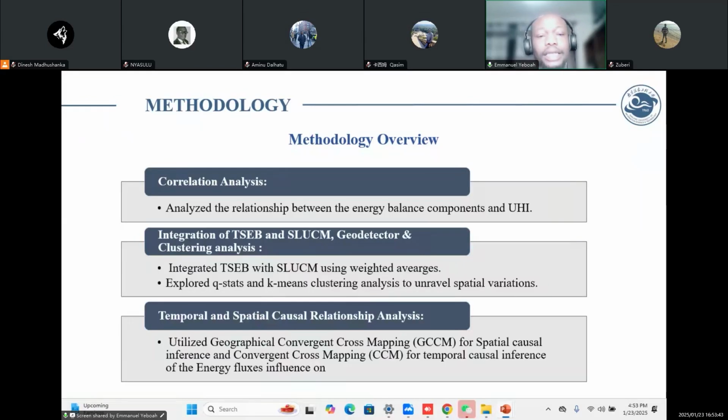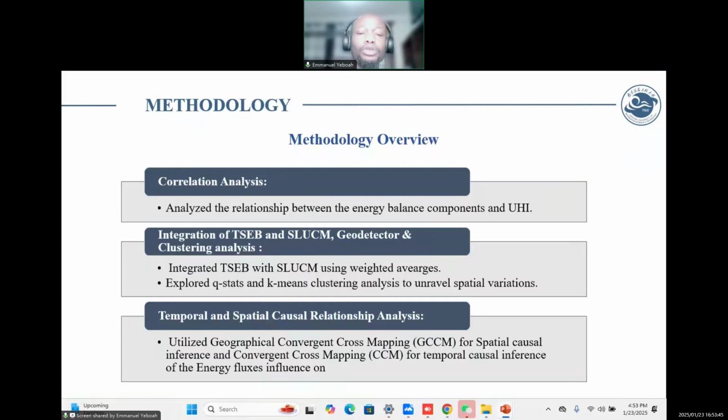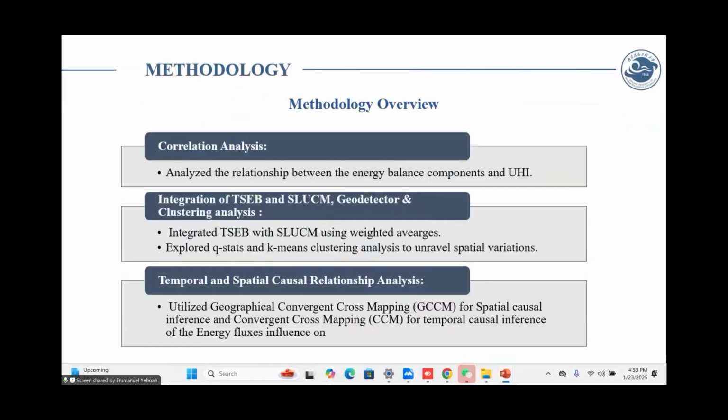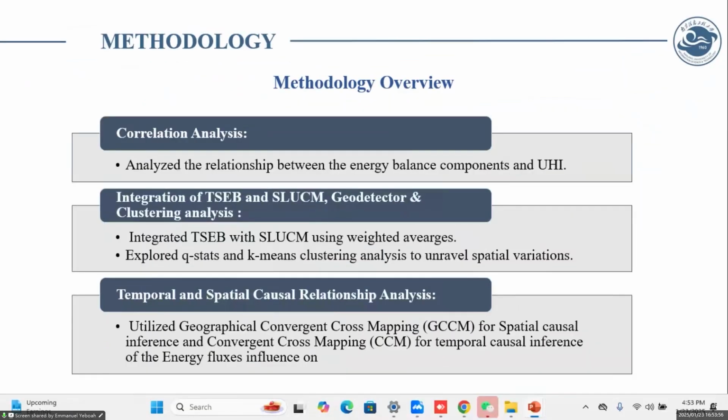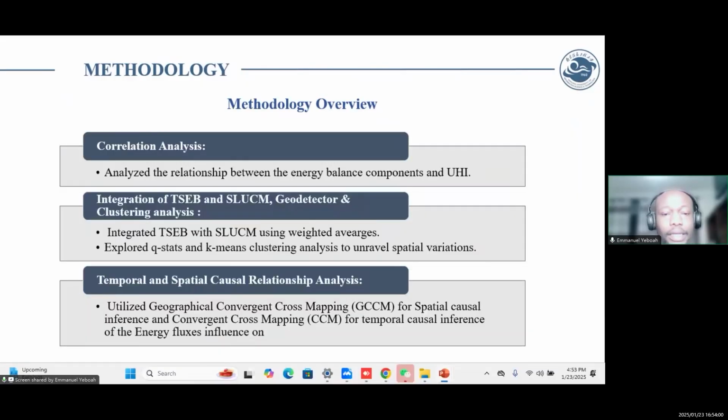Basically, this is because we want to ensure that the two source energy balance component, which governs the physical processes in the urban area, is combined with the single layer urban canopy model, which allocates the contribution of vegetated and non-vegetated landforms.